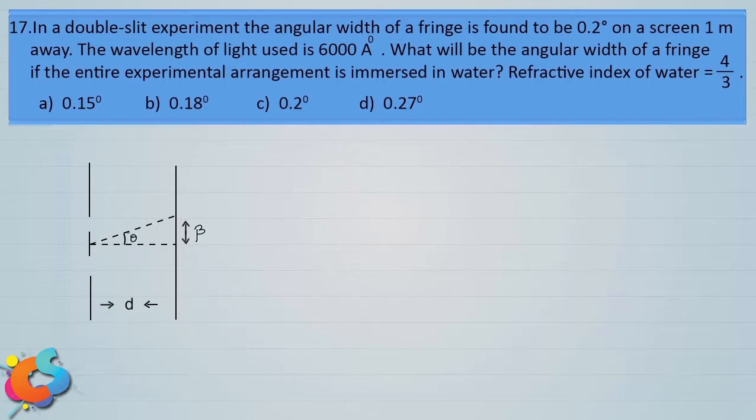The separation between the slits and the screen is given to be capital D. So if this is the case, that is when beta is the linear width of the fringe, then you can always define what is called the angular width of the fringe.